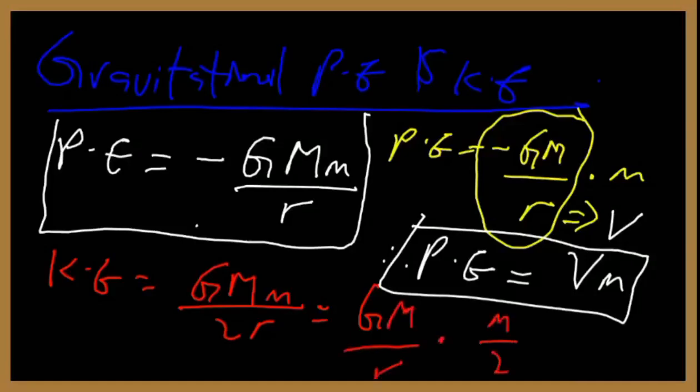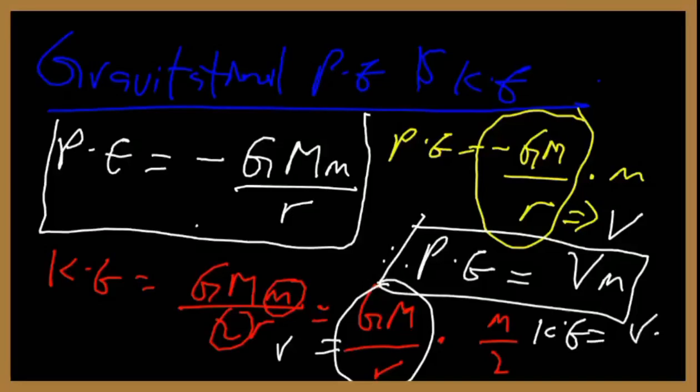Remember, GM over R is V. So therefore my kinetic energy will be Vm all over 2. Can you see it? Exactly. So that's the gravitational potential energy and kinetic energy.